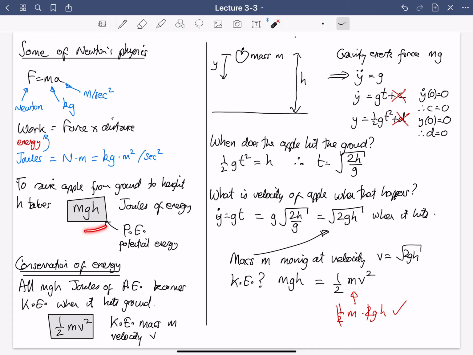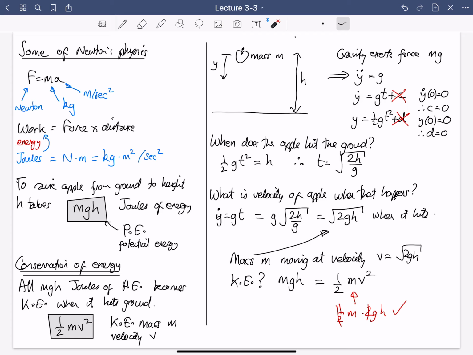All of that potential energy must have been converted into kinetic energy, and since when the apple lands it's moving at that velocity, that validates this formula for kinetic energy. It makes that work out. mgh, all the initial potential energy has turned into kinetic energy.